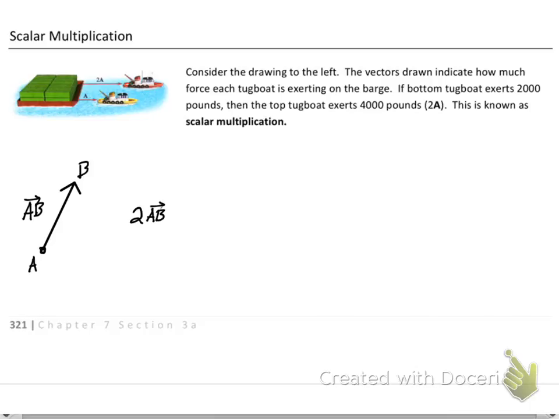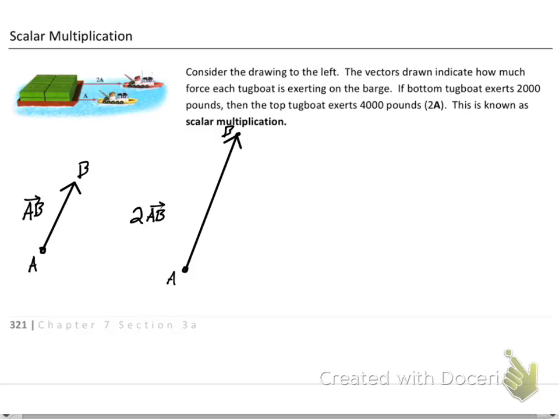That means I'm putting twice as much force, or my vector is going to be twice as long. It's not going to change direction. It's still going to go in the exact same direction, it's just twice as long. So that is my AB. That is twice my AB. That's about twice. That looks pretty good.